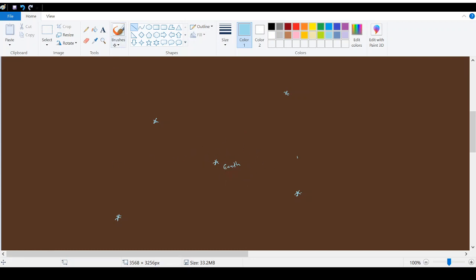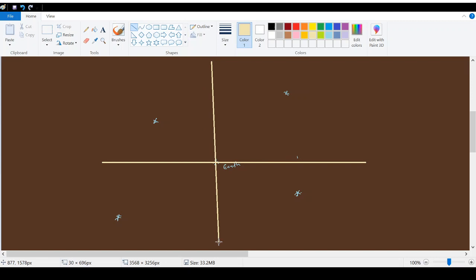And then we can draw two axes, one horizontal and one vertical, but perpendicular to the previous axis that we drew. And then we can define this intersecting point as the origin.